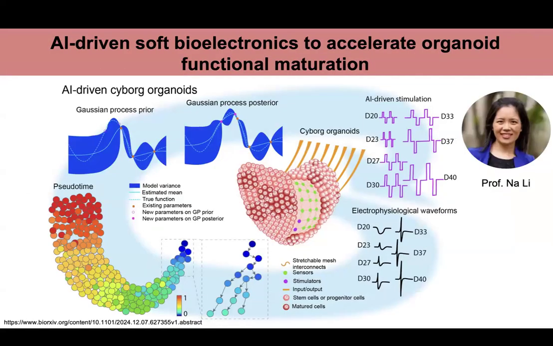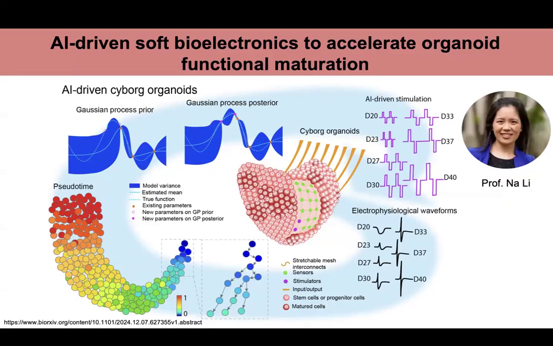Then the next question is how we use the system to further improve the functional maturation of the stem cell derived organoids. Then it becomes a question of the algorithm: how we analyze the electrical recording that we get directly from the tissue, and then generate a control policy to mediate the cells throughout this development.